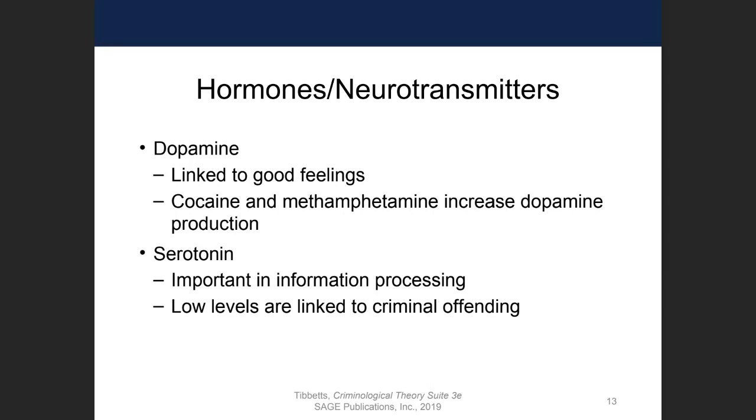Hence, people will oftentimes seek those drugs out for the purpose of increasing those good feelings. Another hormone is what's called serotonin. Serotonin is a hormone that's important to help us with processing information in our brain. Whenever a person has low levels of serotonin, that's been found to be linked to criminal offending.